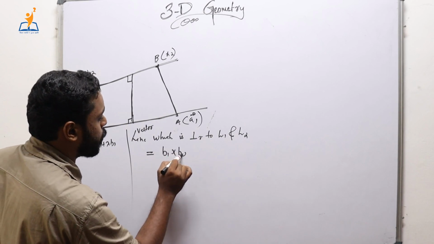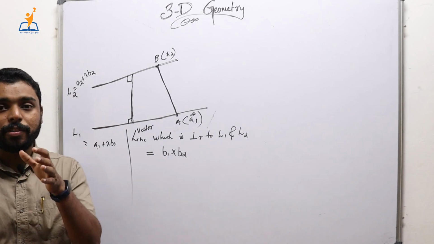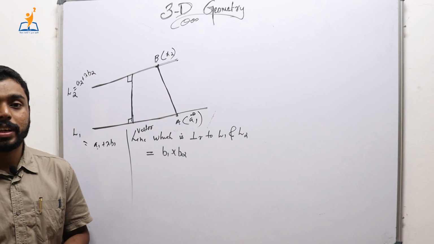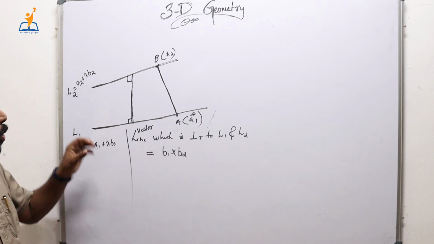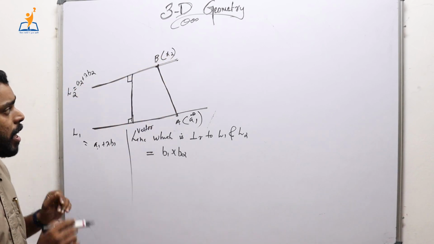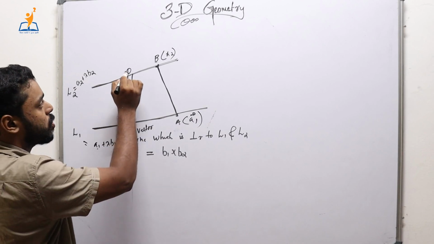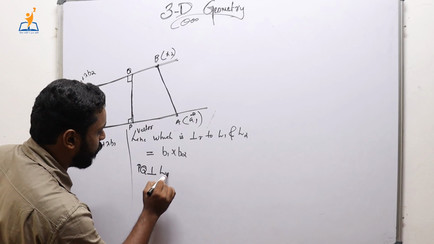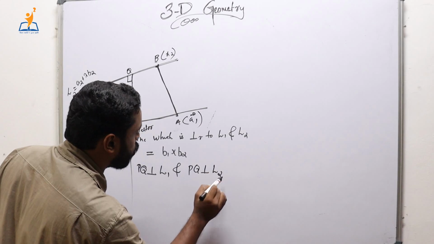B1 cross B2, right? We have learned this in vector algebra, that whenever we are given two vectors, we can find the vector perpendicular to both by finding B1 cross B2. So B1 cross B2 is the vector which is perpendicular to both these lines. Now also note that if this is P and this is Q, PQ is perpendicular to L1 and PQ is perpendicular to L2.